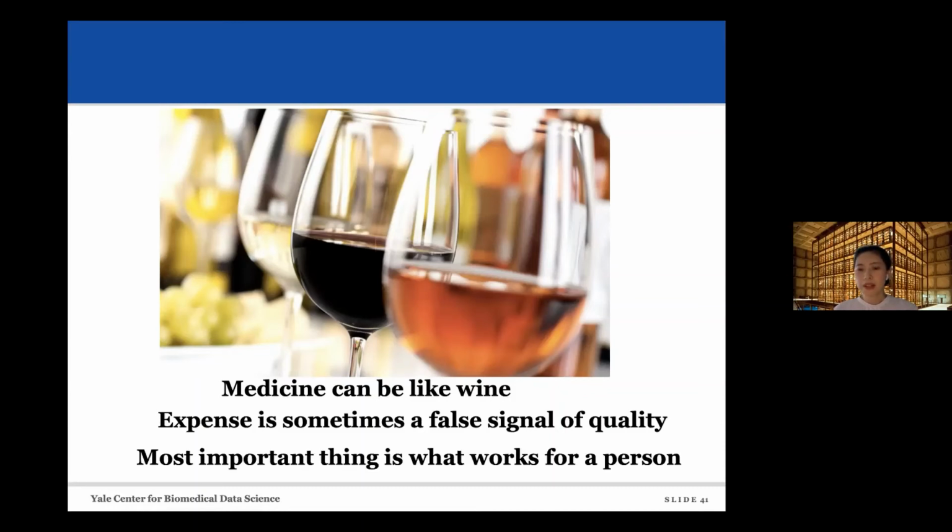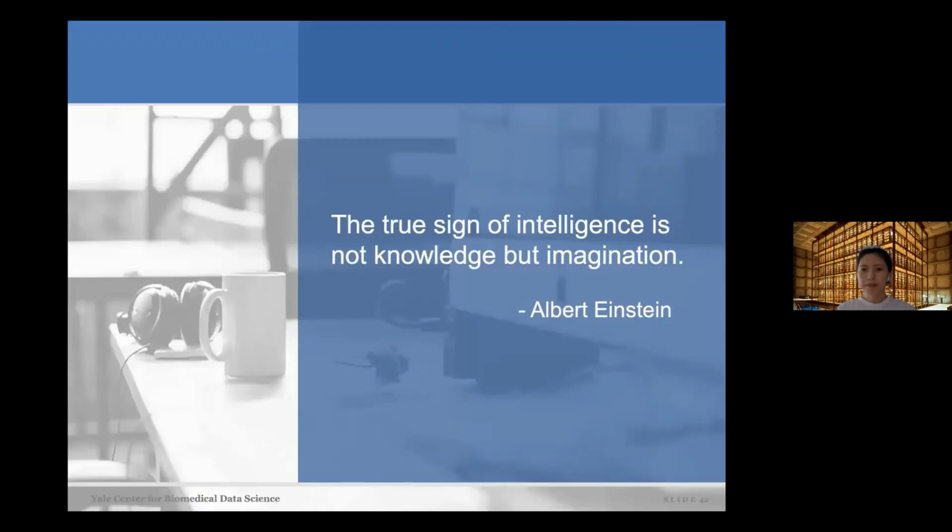What's most important is what works for a person, what can eventually make a real impact, and how critical the problem you are solving is. I'm a firm believer in precision medicine down the road, and biomedical data science certainly is a powerful tool for that.